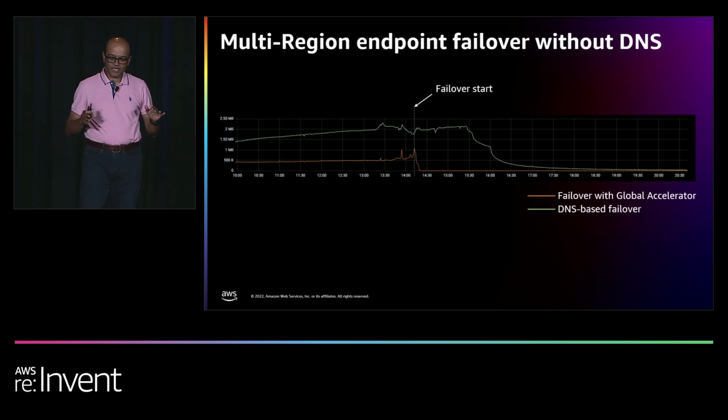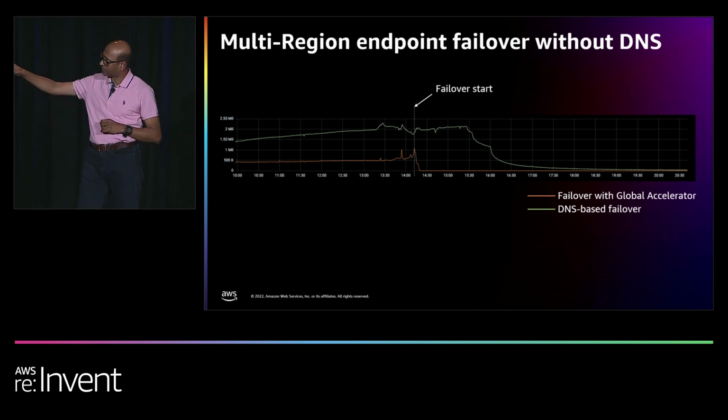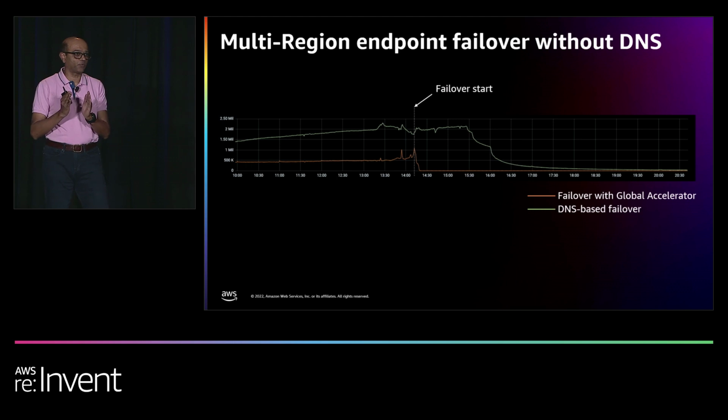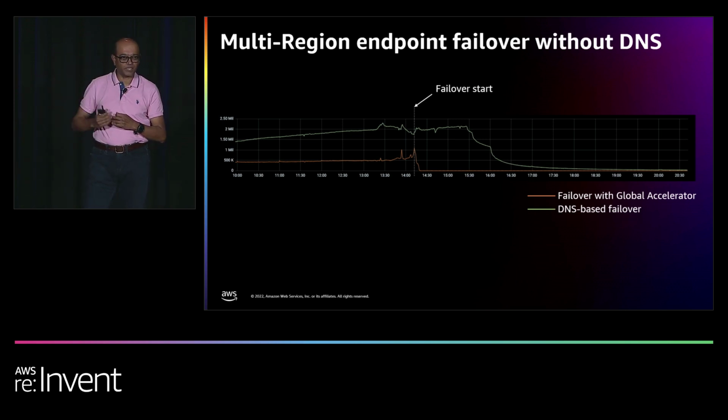And this was in steady state, and the customer wanted to trigger the failover from endpoints in one region to the other. So as you can see from the chart, with Global Accelerator, the customer was able to failover almost 500,000 connections in less than 4 minutes, as opposed to that long tail of almost 6 hours that it took to drain all the connections when going over the public internet.